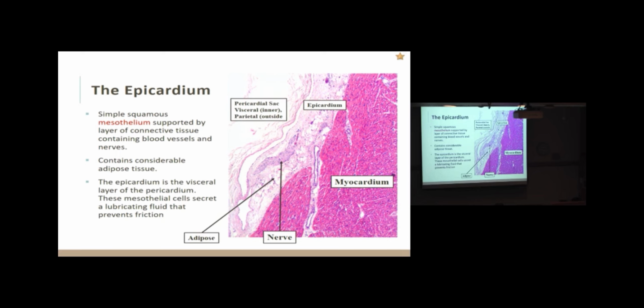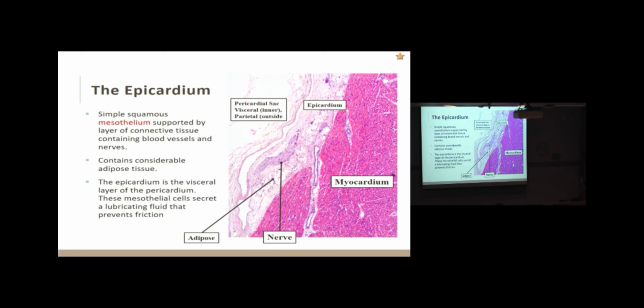So underneath this mesothelium, we've got some irregular connective tissue. It's very typical to see nerves coursing through that area. So this is a nerve. You see lots of fat in this area, so you can see some adipose tissue here and here, here. You'll always see blood vessels there, smaller blood vessels.